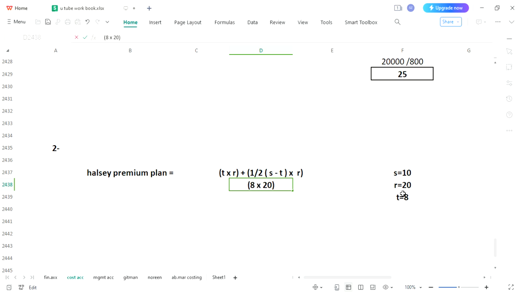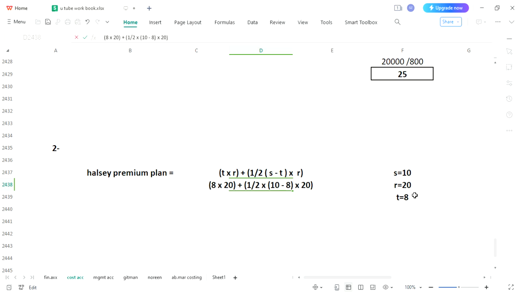Then we need to add 1 by 2, and then it would be multiplied by, inside bracket, standard time minus T. Standard time was 10 and minus time taken was 8, and then again we need to multiply by small r, which is 20.